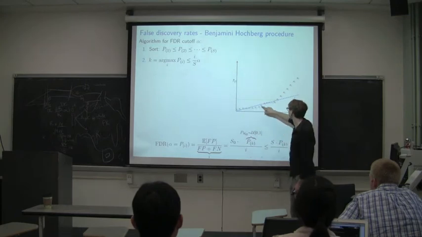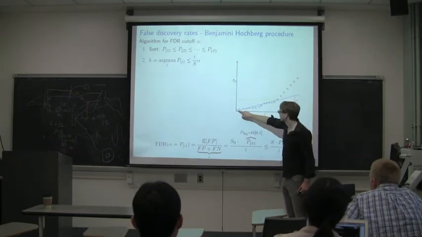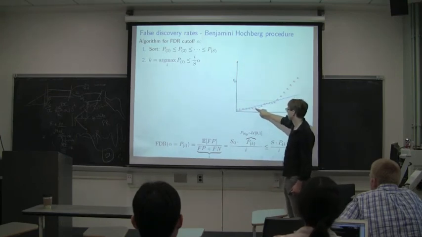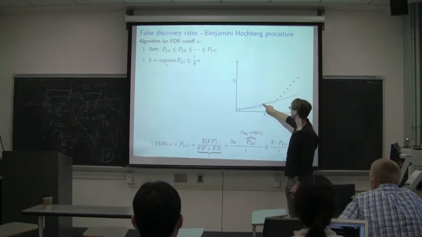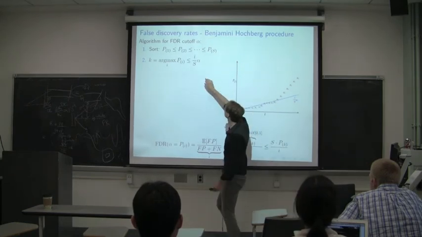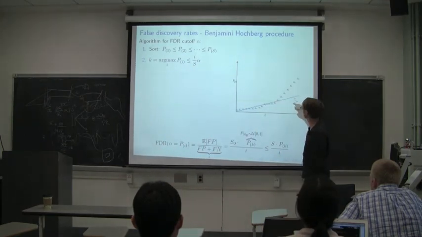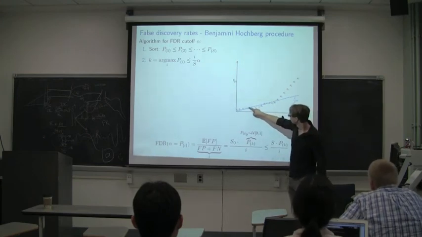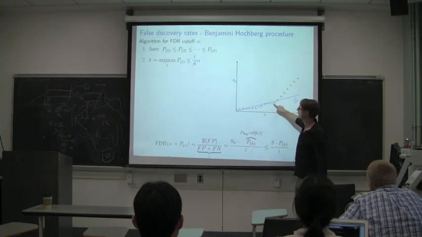So if we take this sorted set of p-values and go up, in the beginning they're probably all a little bit larger, but at some point, because we have so many alternatives, they stay small, so we are below the line. When we go up again over this straight line, the blue line, where the slope is given by alpha, we reach the point where there are not so many alternative hypotheses anymore, but everything is null.